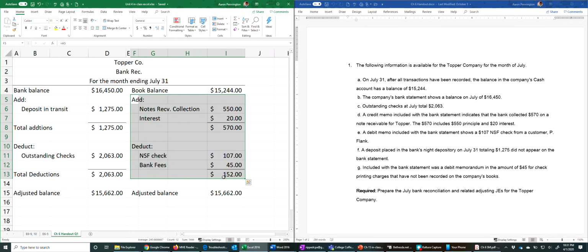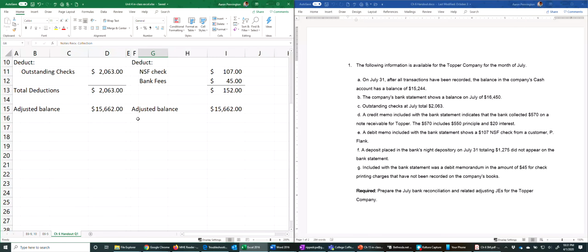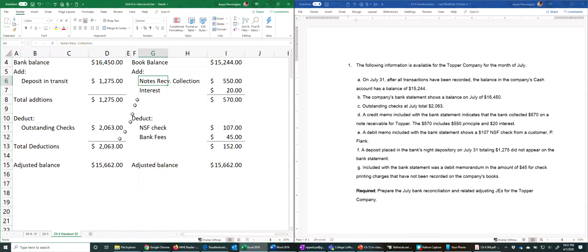Keep in mind, you've got half the journal entry: if it's an addition, you're debiting cash, and if it's a deduction, you're crediting cash. Let's start with the additions: the collection of note receivable and some interest revenue.